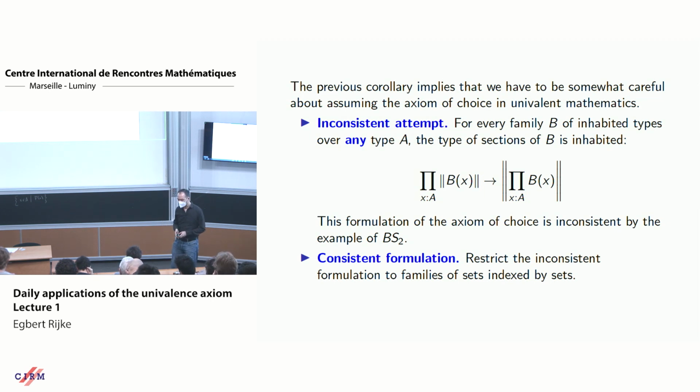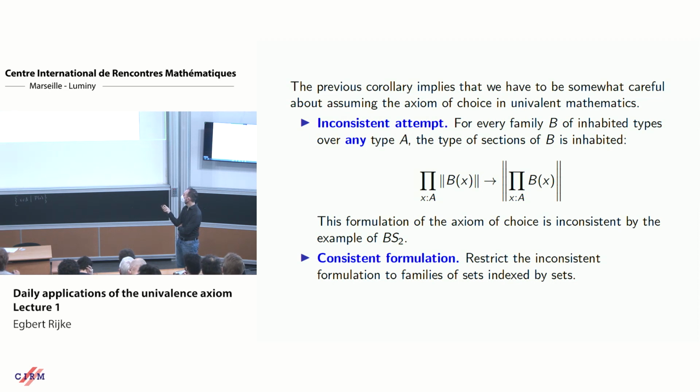And when you think about it, the axiom of choice was invented for set theory, not for type theory. So it's an axiom about sets and not about all types. So we restrict the axiom of choice. The axiom of choice says, if I know that every B of x is inhabited, then the type of sections of B is inhabited.